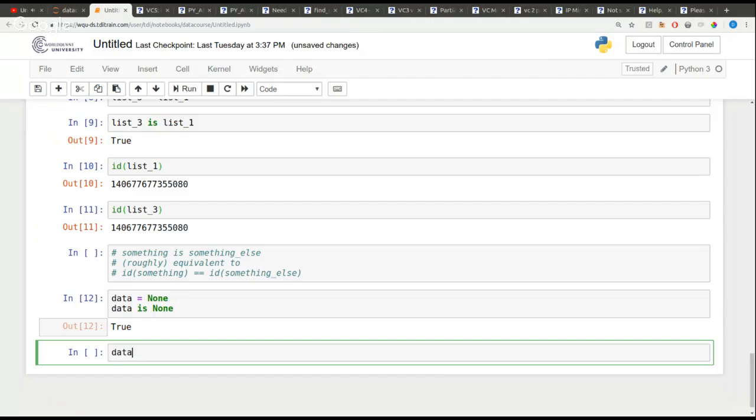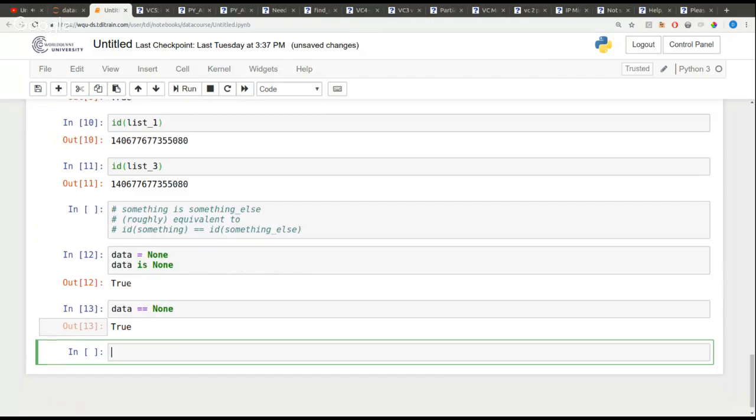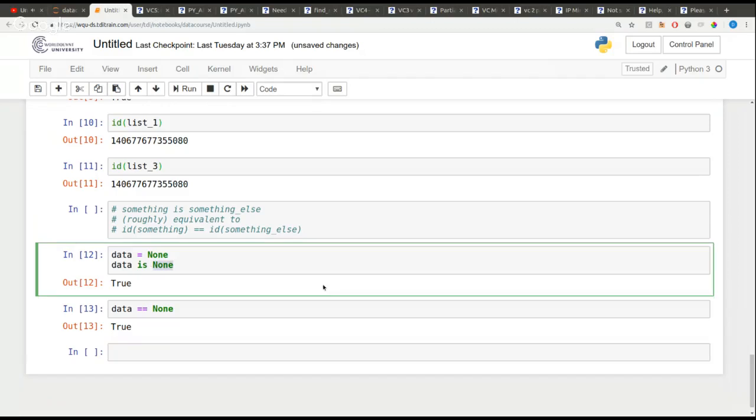We could do data equals None, which would also give us True, but it's considered poor style. Conventionally we write data is None, because all Nones are the same, essentially. There is one None, and we can assign it to many names. So here we've assigned the name data to be None.